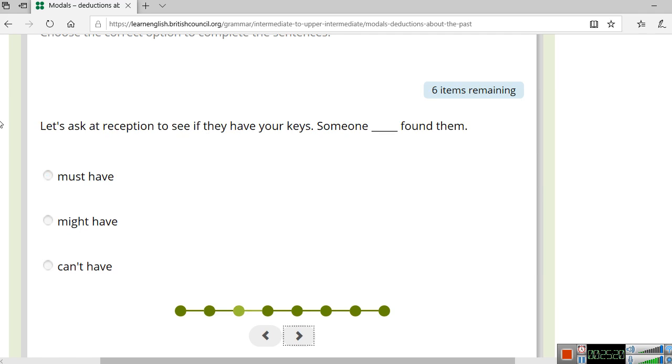Let's ask at reception to see if they have your keys. Someone blank found them. Frank, can you help me with this one? Okay, teacher. Give me a second, please. Yeah, of course. Take as much as you need.